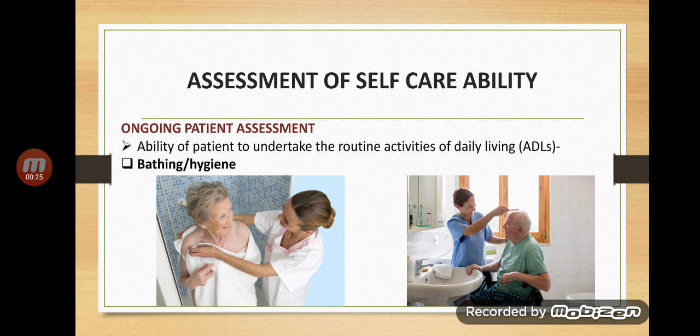So there are certain activities of daily living, which is also known as ADL in short. These activities of daily living include bathing, grooming, eating, maintaining hygiene, all these activities that a normal person can perform in their daily life, that is called activities of daily living.